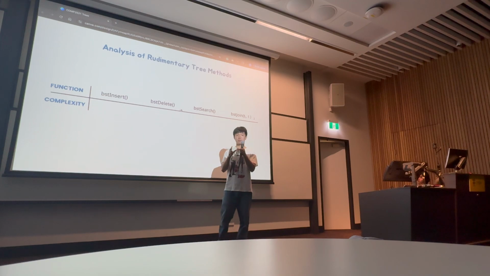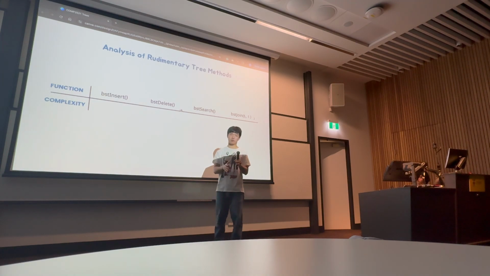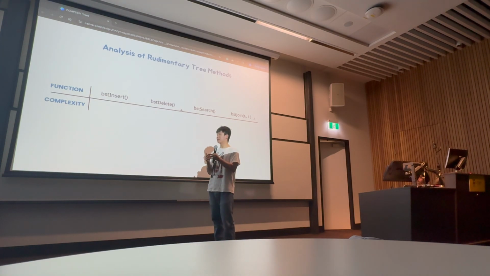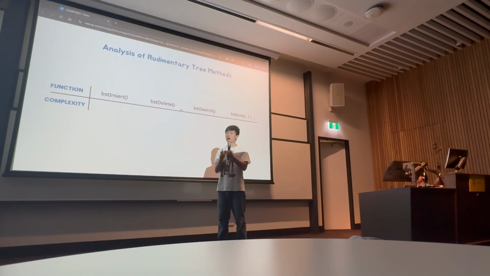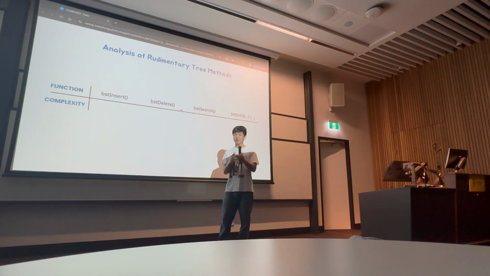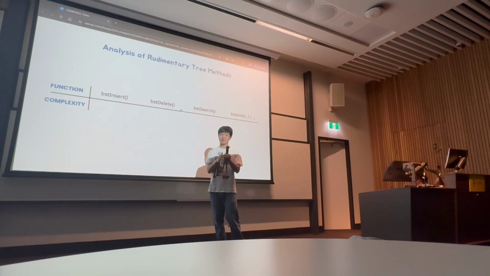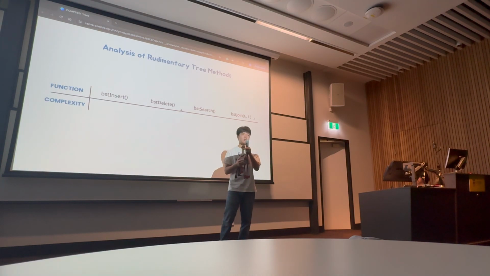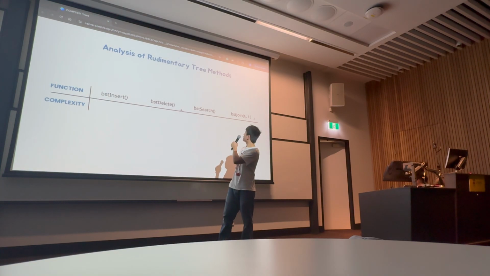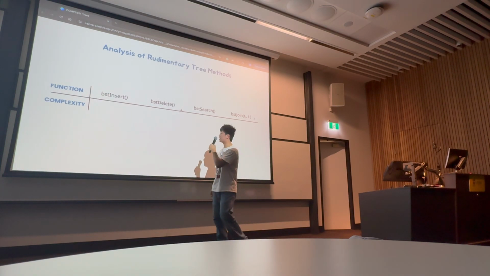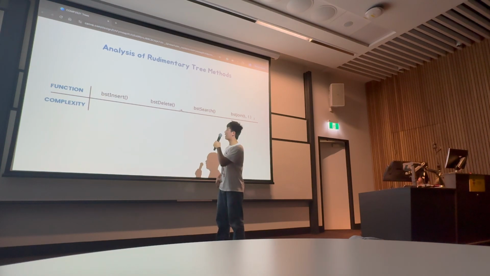It divides the problem into a smaller problem, and then it keeps dividing the problem into smaller problems until we solve it in the end. And obviously it's easier to solve a smaller problem than a bigger problem. So that's basically what binary search is like from a really high level.